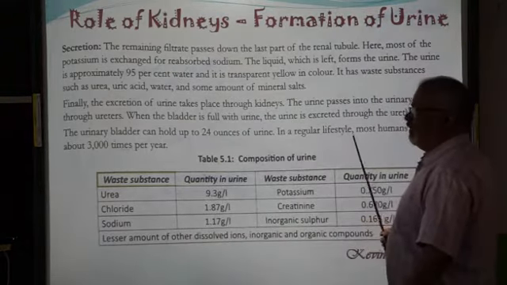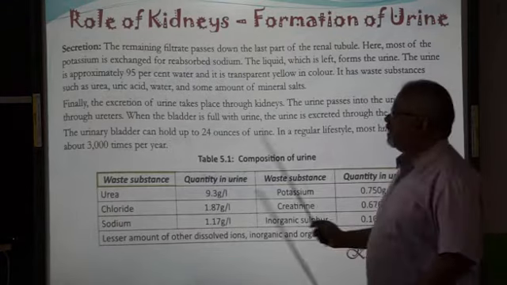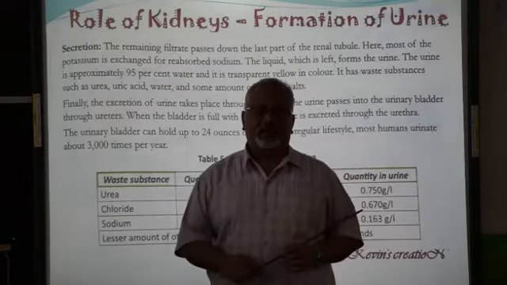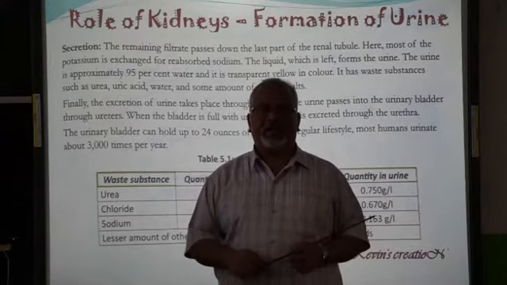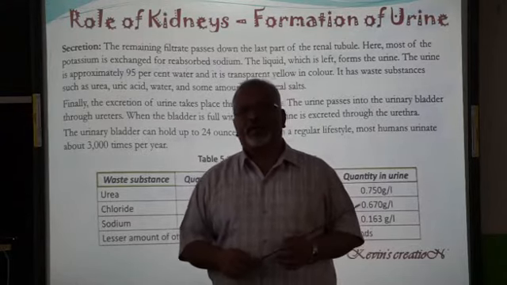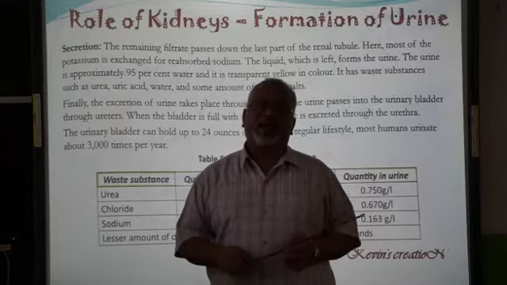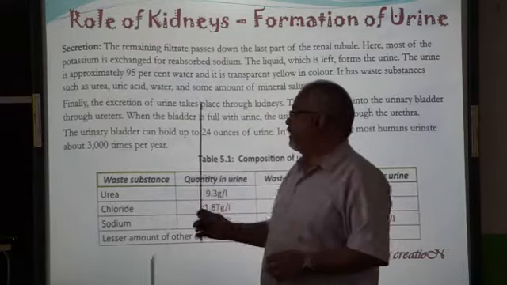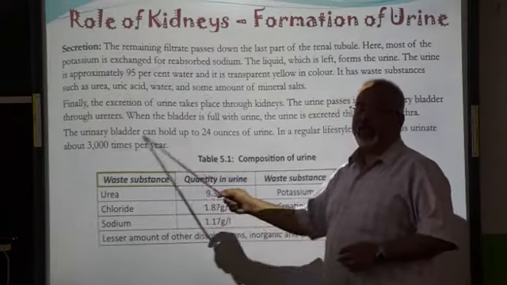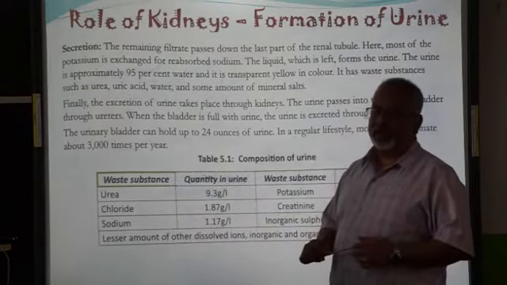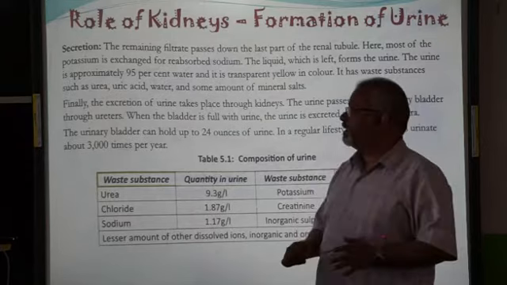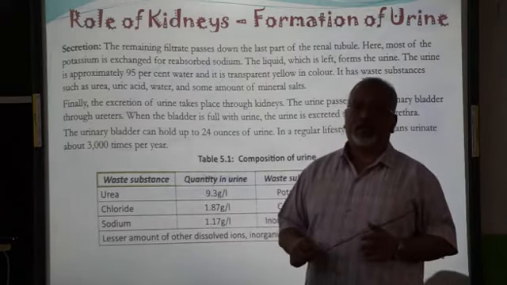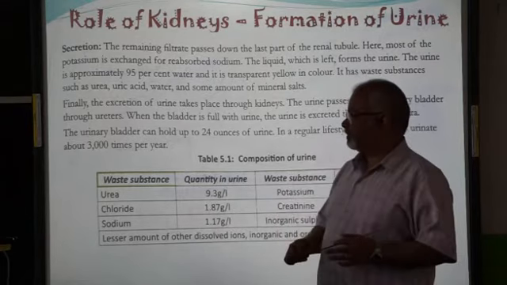In a regular lifestyle, most humans urinate about 3000 times per year. 3000 times per year means more or less 8 or 9 times a day that we go to urinate. So once the urinary bladder is full with urine, then you get the urge to go to the washroom.